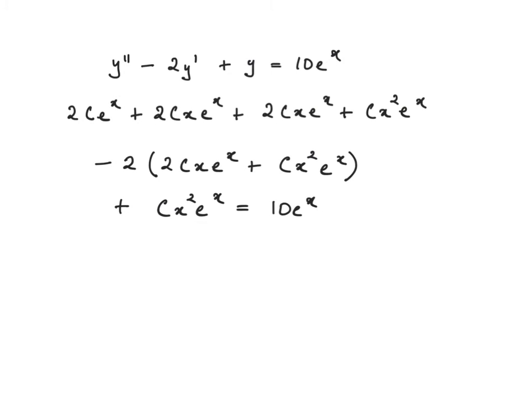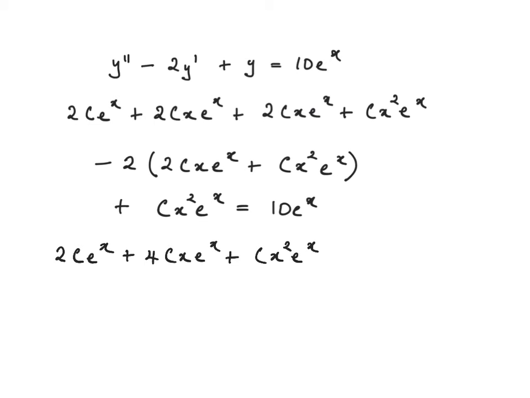So we need to simplify now. So I've got 2c e to the x plus 4cx plus cx squared e to the x.